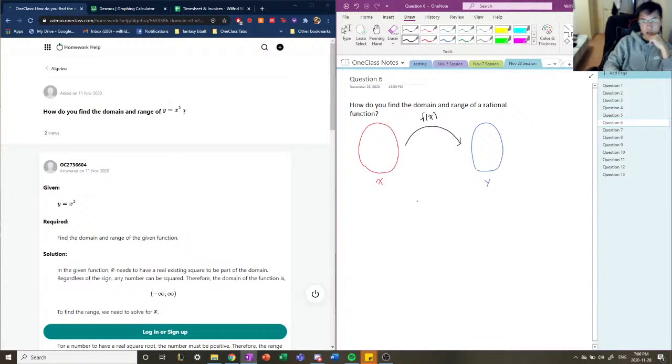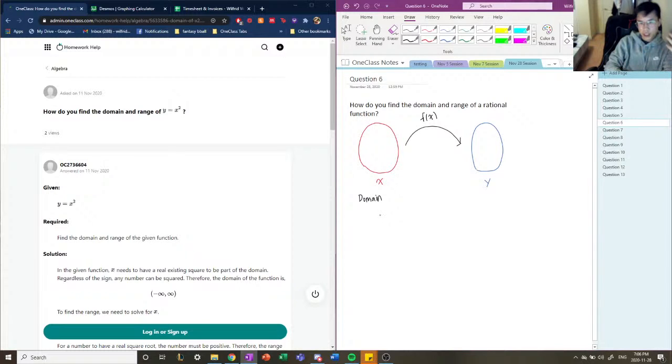So the domain of a function, right? The domain is all possible input values that make f of x defined, or that map to a y. Okay, so we can say that this is our domain. Any value of x, or any input value of our function, that makes our function defined.